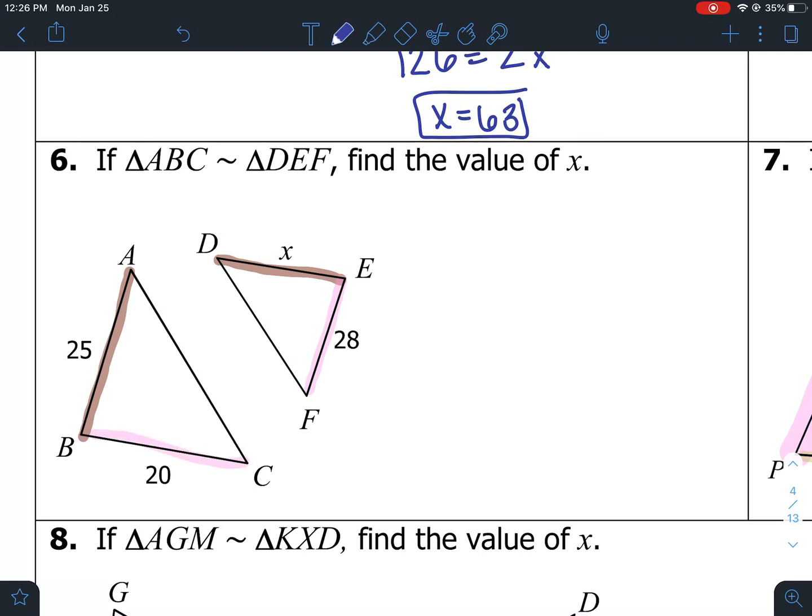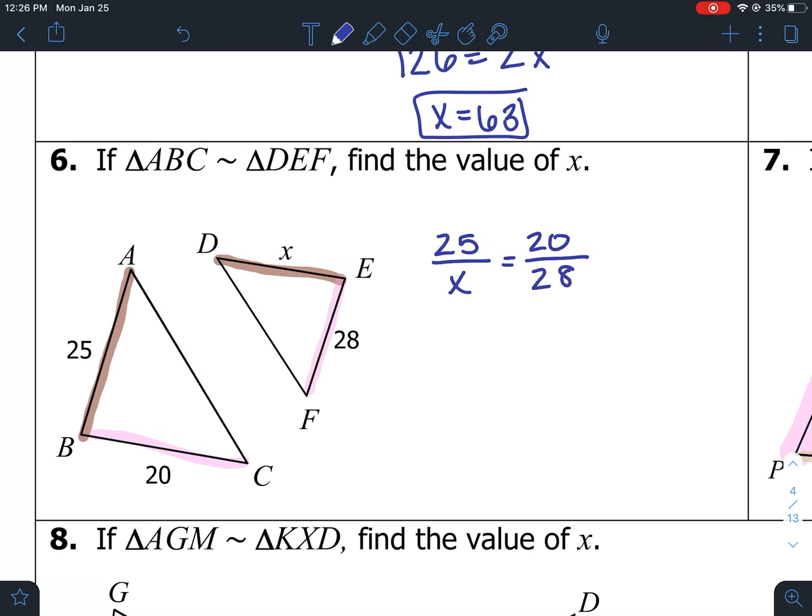Now I know that my colors match, so all I have to do is match up my colors. I'm going to do big to small. My big triangle is ABC, so I'm going to do 25 on my small triangle corresponds to X. My big triangle is going to be 20 over 28.